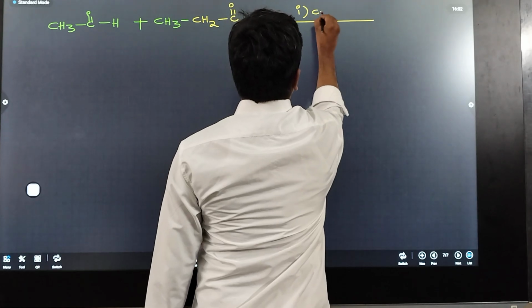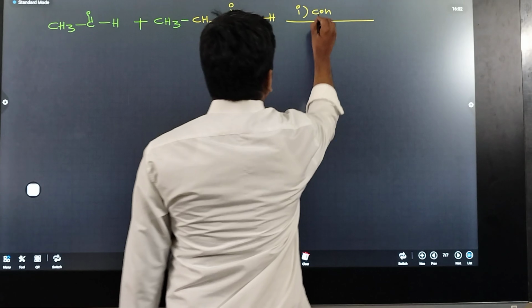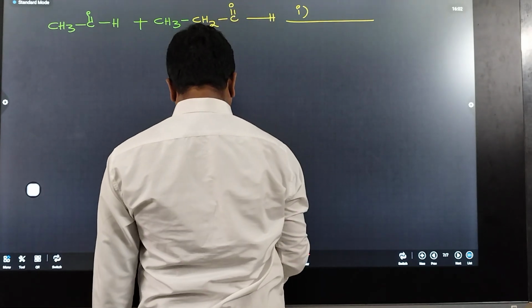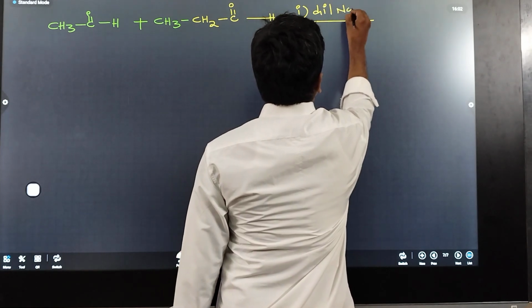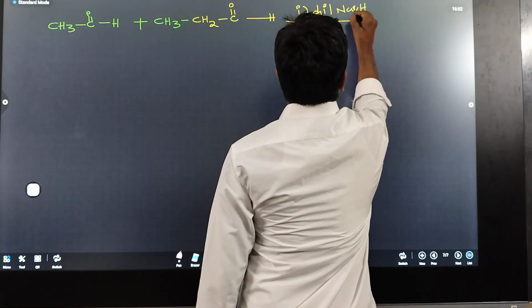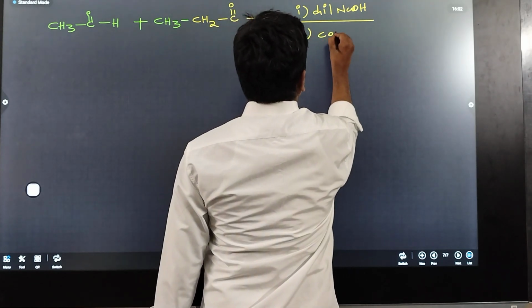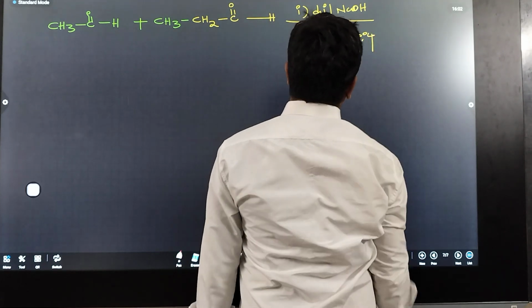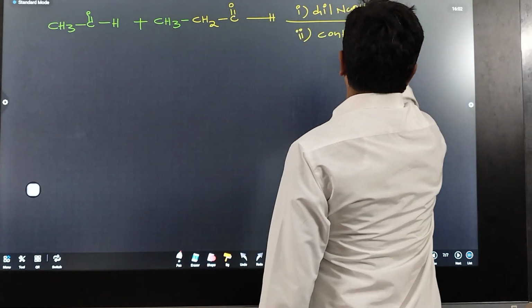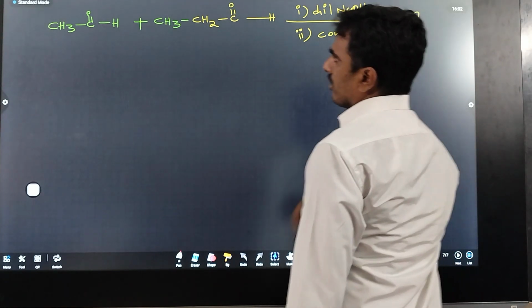So with dilute NaOH, and second one concentration H2SO4, how many products are obtained?